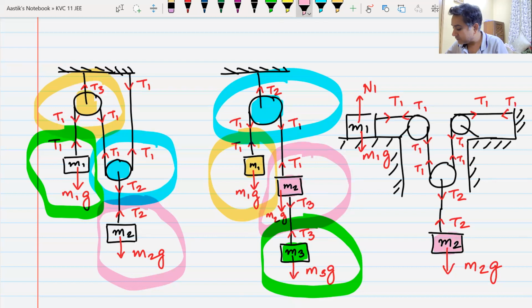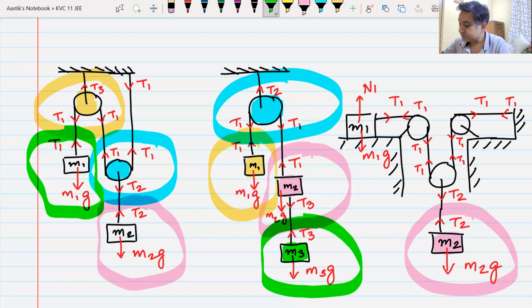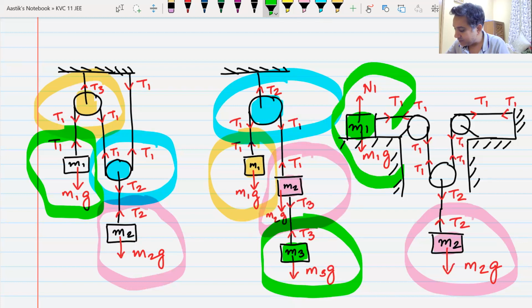This pink is the free body diagram of this pink block. We understand this? This green thing is the free body diagram of this green block. I hope things are clear. Yes or no?